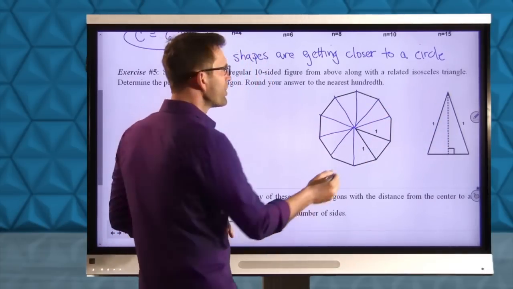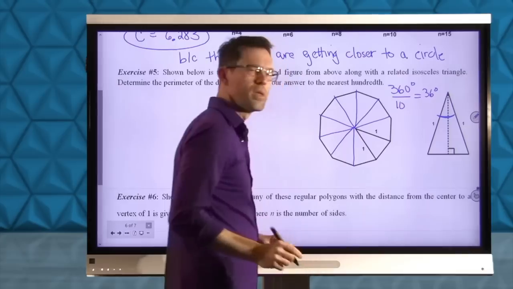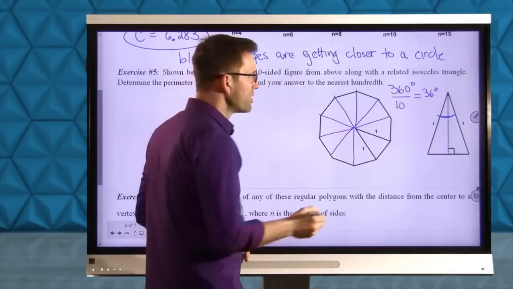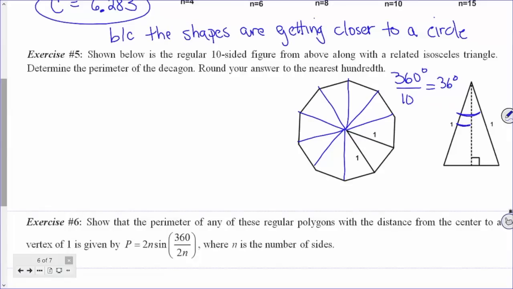Now, what do we know? Well, we know that this entire angle here is going to be 360 degrees divided by 10, or 36 degrees. But ultimately, what we really want is this angle right in here, this little guy. But that's going to be 36 degrees divided by 2, or 18 degrees.